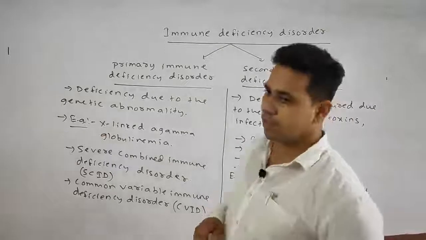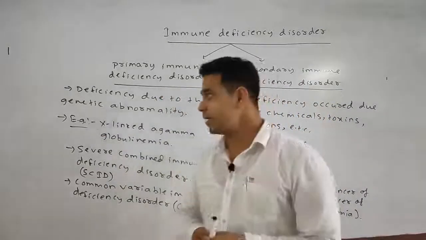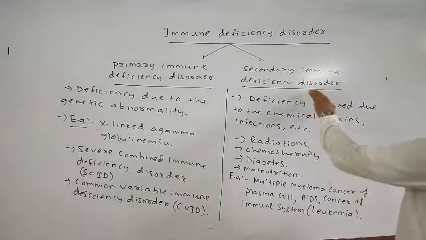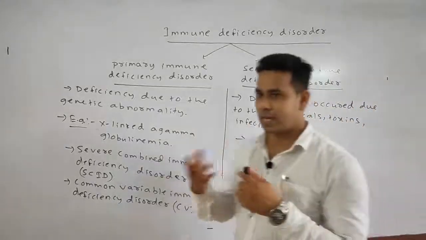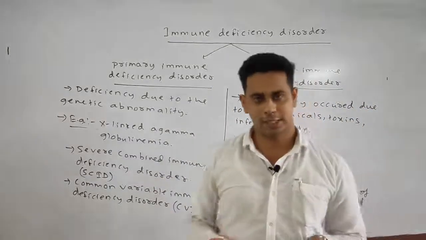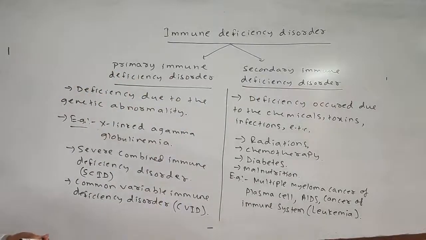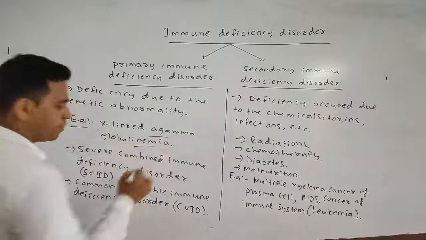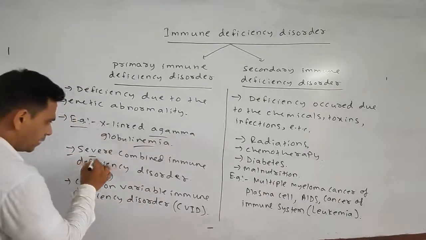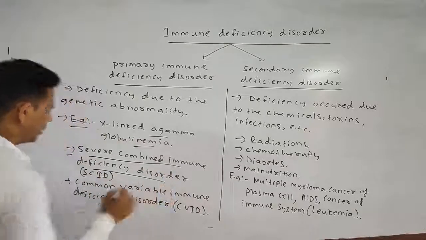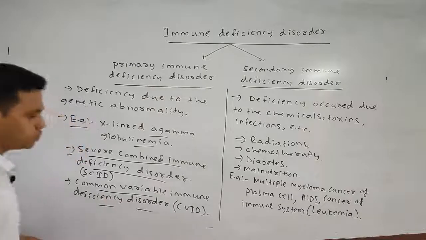Primary deficiency means it is the deficiency due to the genetic abnormality, whereas the secondary immune deficiency disorder is due to various chemicals, toxins, infection, etc. Under the primary immune deficiency disorder, examples are X-linked agammaglobulinemia, SCID, severe combined immune deficiency disorder, and common variable immune deficiency disorder, that is CVID.